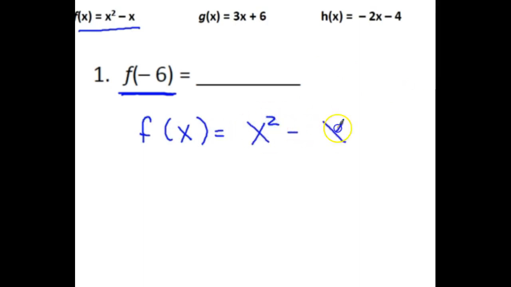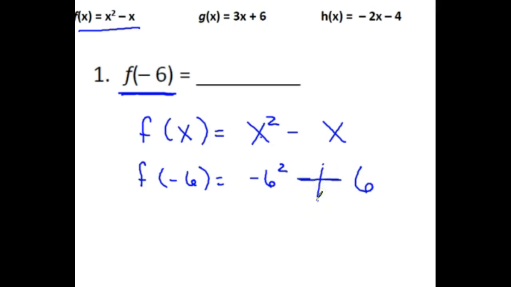What am I going to do with the -6? Plug it in where? In place of the x values, I am going to put -6. Now this negative sign is from the function rule, and this negative sign is from the -6. Minus a minus makes a plus.